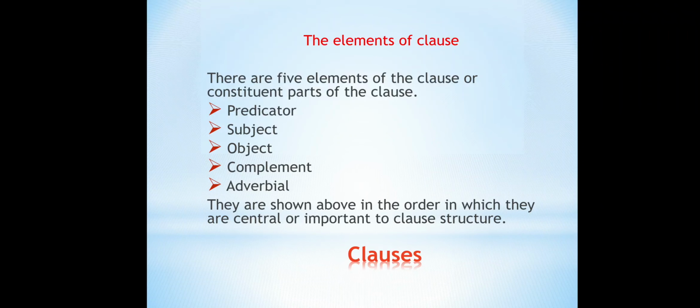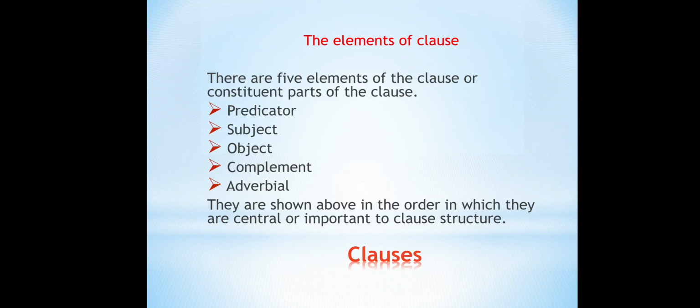5 elements of the clause, and you can see the clause elements on your screen. Number 1 is predicator, number 2 subject, number 3 object, number 4 complement, and number 5 adverbial.